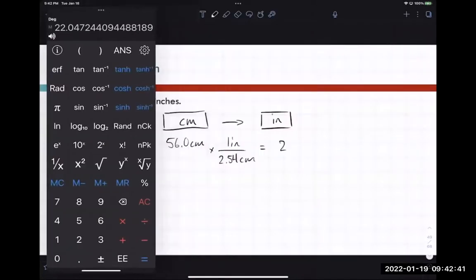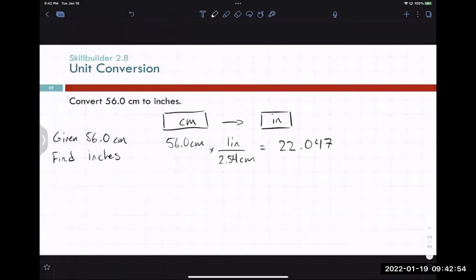And so we'll get 22.0, well, here, I'll write out more units. So 22.047, right? More units than that. But now we need the correct number of significant figures. So we would round this down to just 3, because there's a trailing 0, but we have a decimal, so it's significant. So our final answer would be 22.0 inches. And it is important to include that 0, because otherwise you don't have enough significant figures.